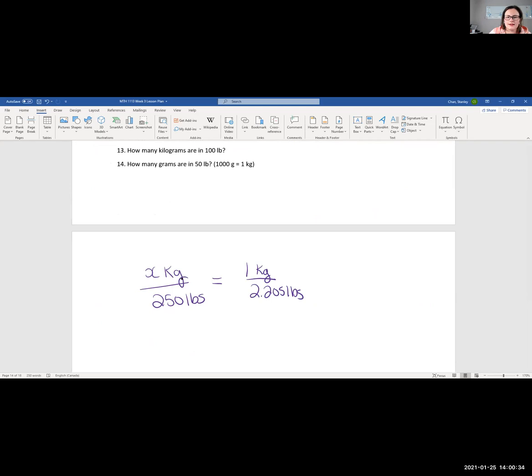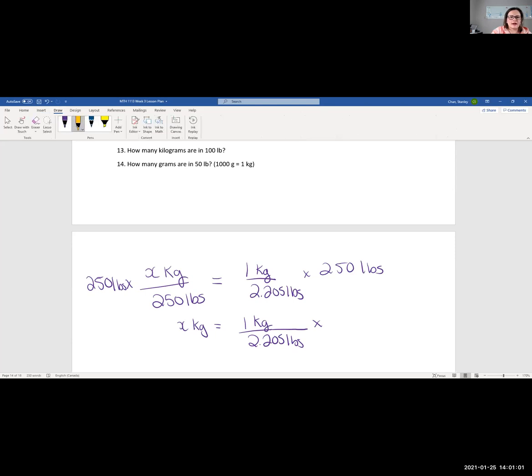So it is cross multiplication actually, right? So X kilograms is equal to 1 kilogram over 2.205 pounds times, right? What I do on the left-hand side, I have to do on my right-hand side in order to cancel this out. See how it cancels on the right, on the left-hand side. So 250 pounds is canceling with 250 pounds.